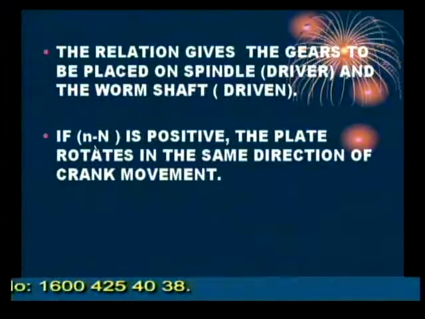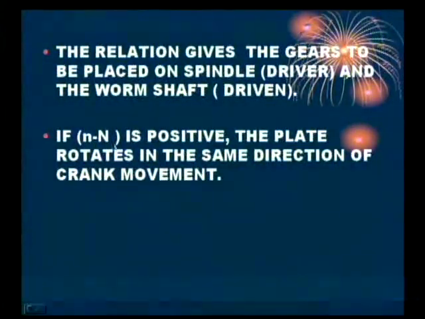Here another thing is, if small n minus capital N is positive, that means the number of divisions required, sometimes the indexable number may be lesser or it is greater. If n minus N is positive, the plate rotates in the same direction as the crank movement.